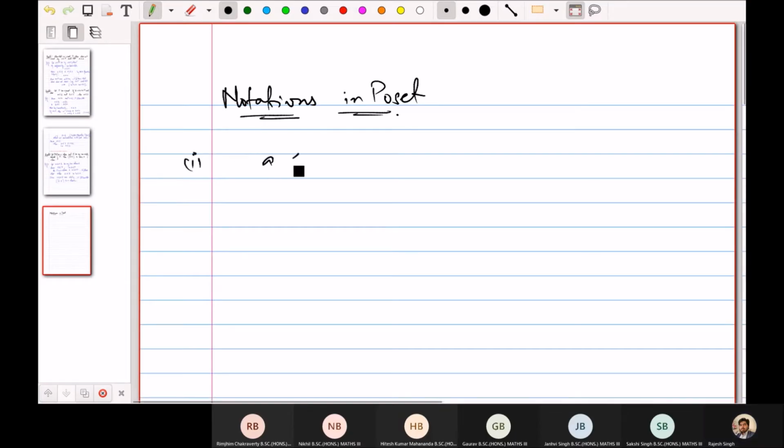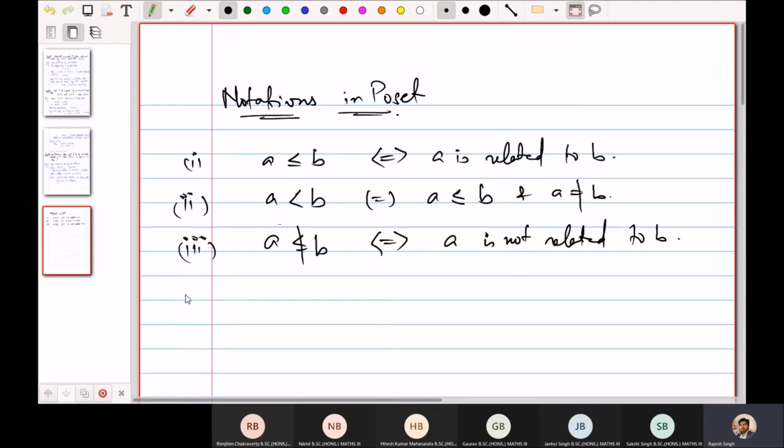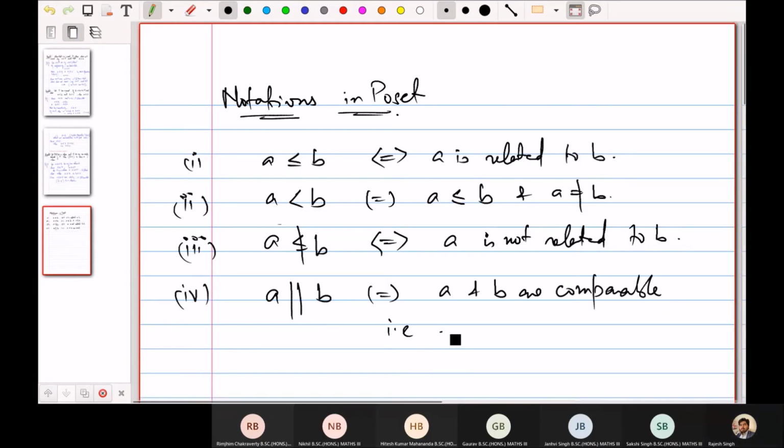So first is A is related to B. Then this is A is related to B and A not equal to B. Third, A is not related to B. ठीक है. फोर्थ, और क्या नोटेशंस हैं हमारे पास, एक कंपेरेबल का है, पैरेलल वाली लाइन से A and B are comparable, that is either A is related to B or B is related to A. So हम कई बार ये लिख देंगे सीधे A is comparable with B. ठीक है.